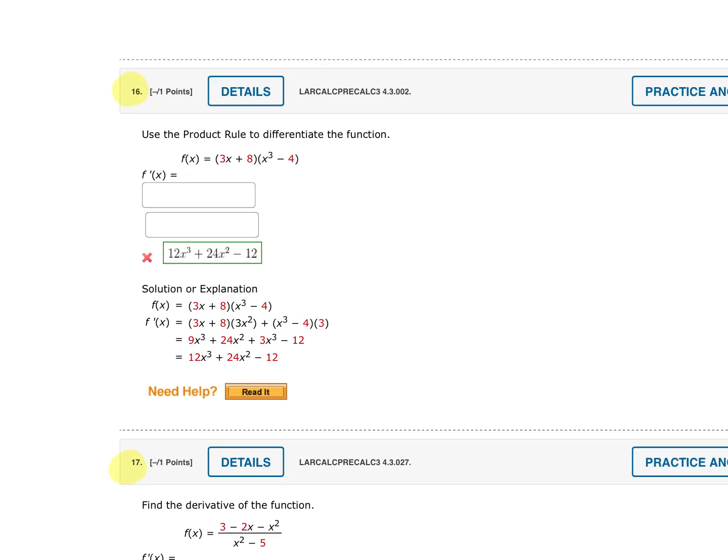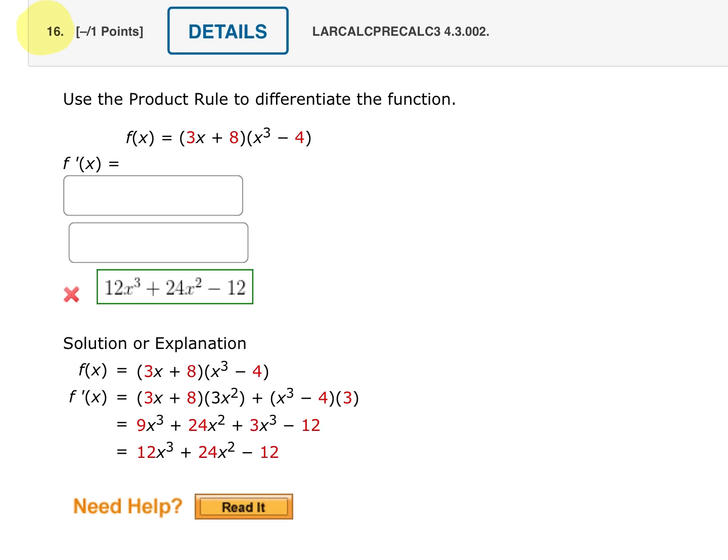We want to use the product rule to differentiate the function, so to find our derivative. So the product rule is the first times the derivative of the second plus the second times the derivative of the first. So our first would be 3x plus 8.